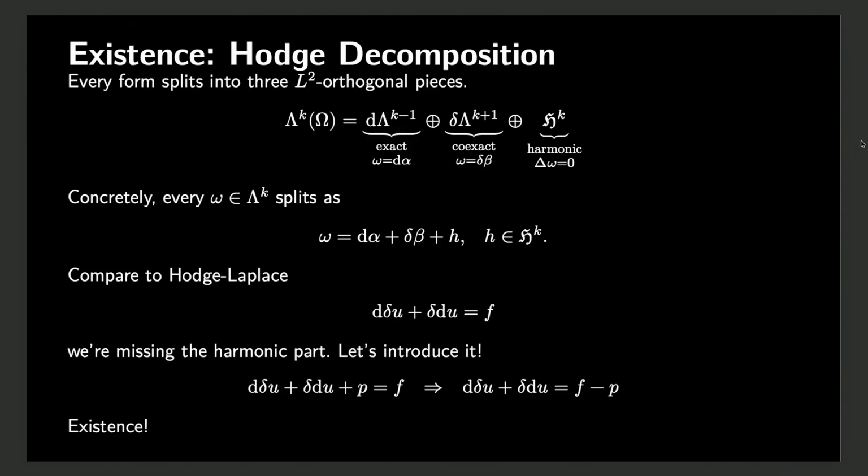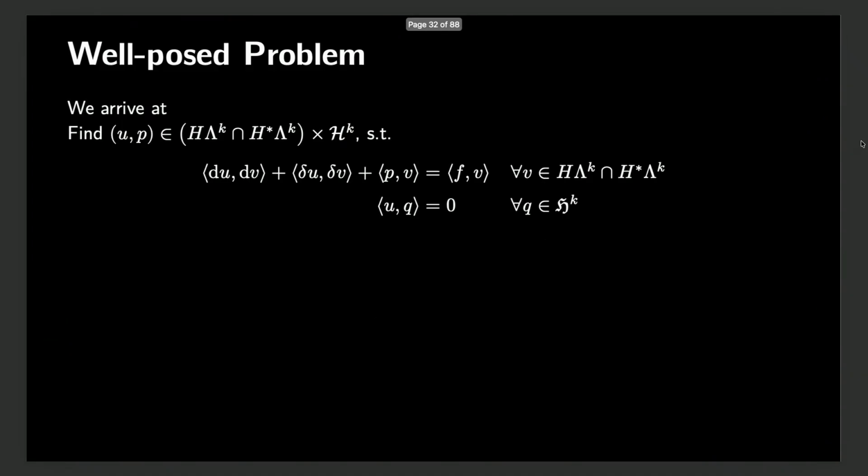We just modify our Hodge-Laplacian by a harmonic part. All in all, we get this system, which is now well posed. We look for both u and p, the harmonic part, with this additional term and the orthogonality, giving existence and uniqueness.